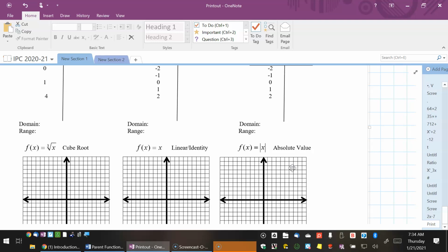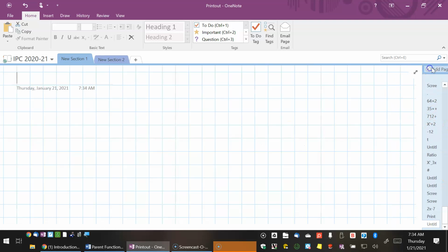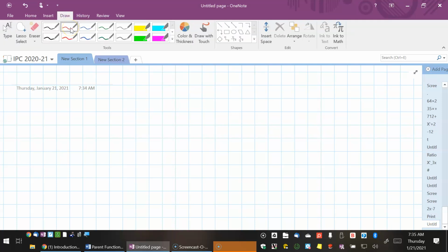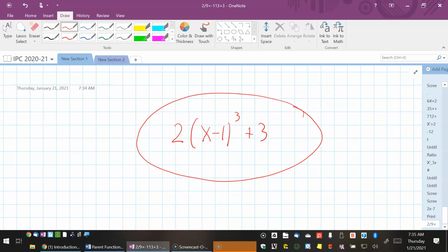Okay. Now, just to kind of give you a vision as far as where we are headed, by the end of this unit, you're going to be able to look at something like 2 times x minus 1 cubed plus 3 and analyze what's happening here and generate a graph without having to do the grunt work of picking a bunch of x's, plugging them in, getting a bunch of y values, and plotting those points.